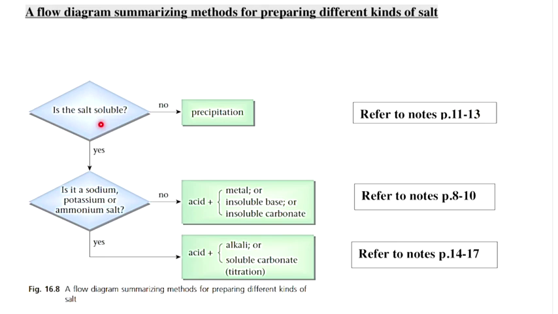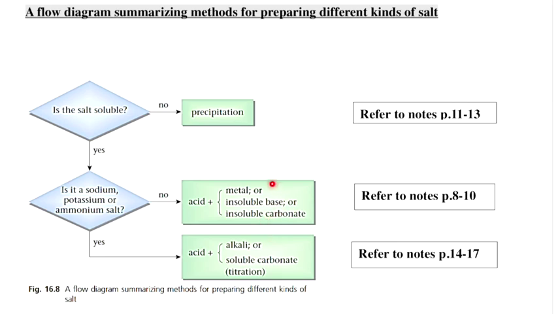If it's a soluble salt, then we would follow this road, and then we need to further ask ourselves another question. Is it a sodium, potassium, or ammonium salt? Okay, if no, then we would choose an easy method. We just use an acid that contains the target anion to react with a metal, or an insoluble base that contains the target cation, or an insoluble carbonate that contains the target cation.